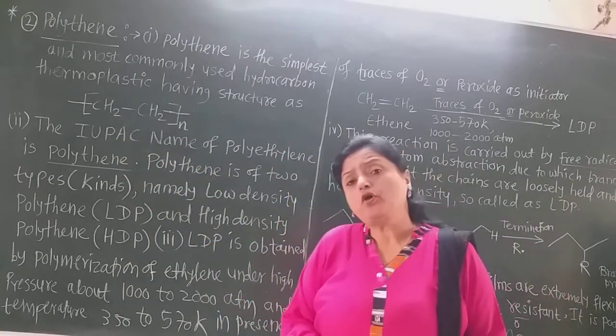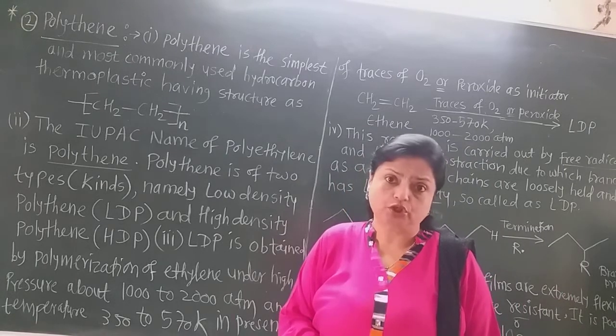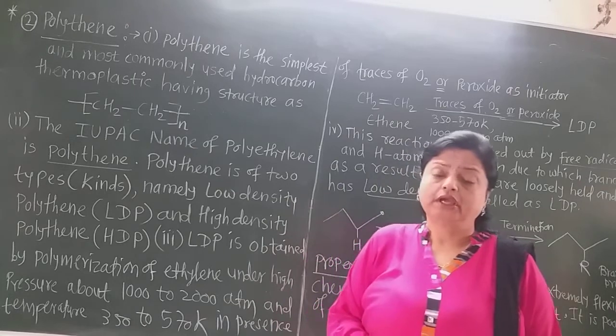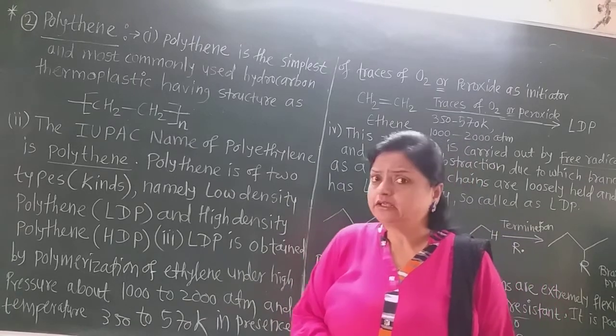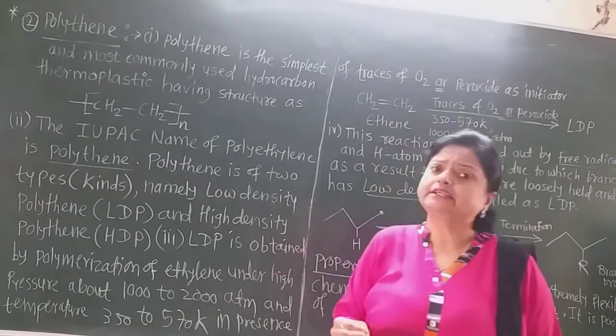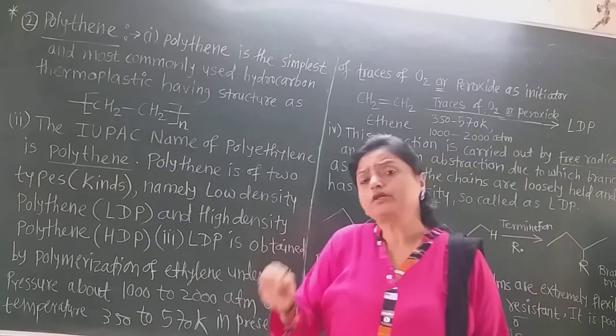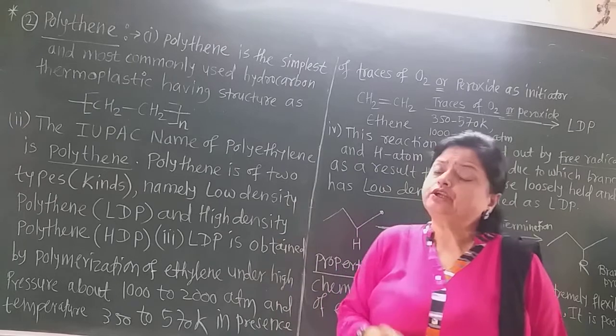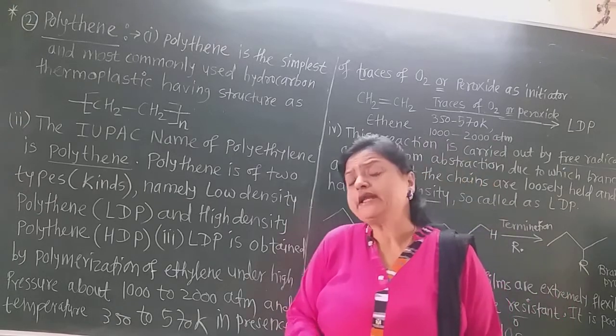Now these polythenes are of two types: low density polythene and high density polythene. Both have the same monomer, that is ethene. But in low density polythene, what happens?